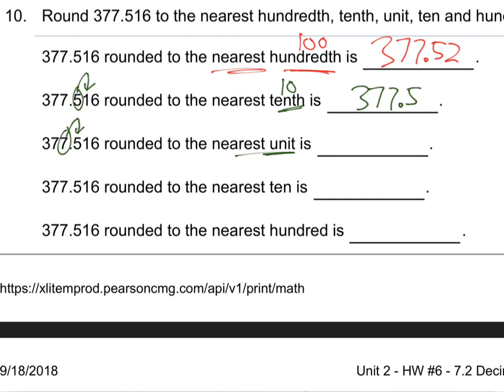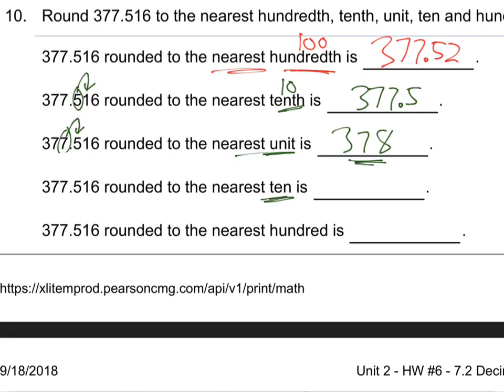So you always circle the spot where you want to stop, then look 1 to the right. If it's 5 or more, you round up. If the price was $377.51, that's closer to $378 than it is to $377. You tracking with me? See how that's rounding to the nearest?